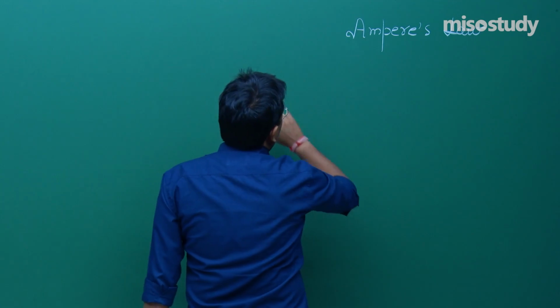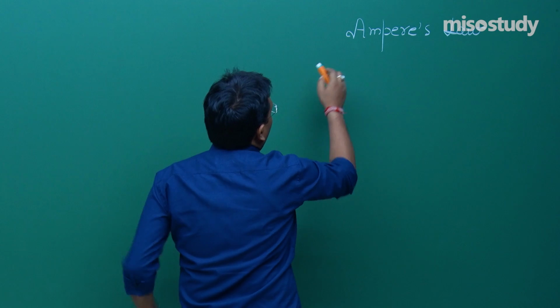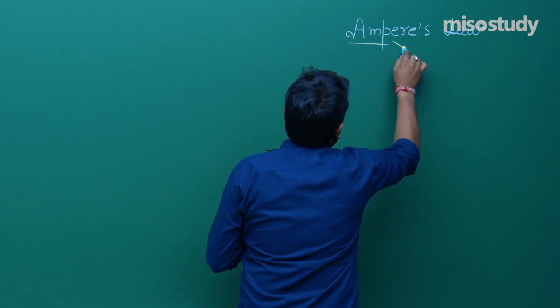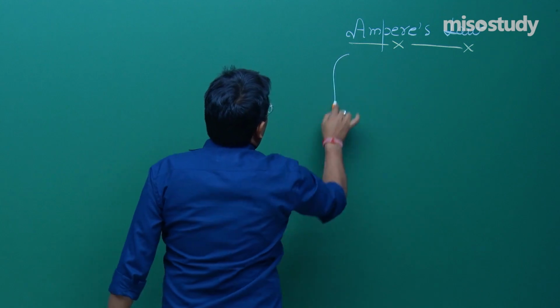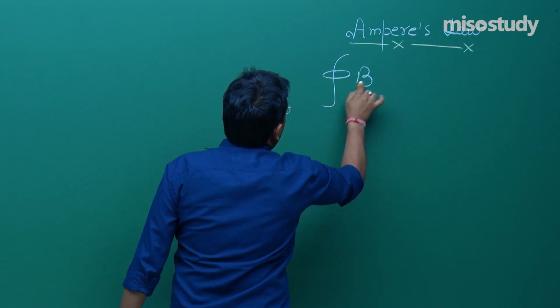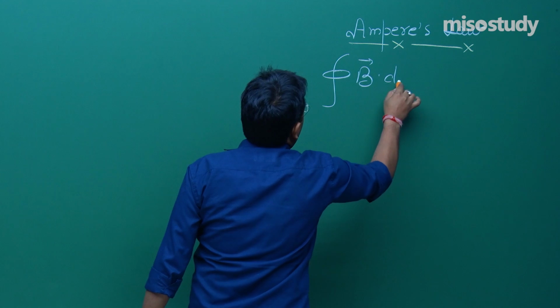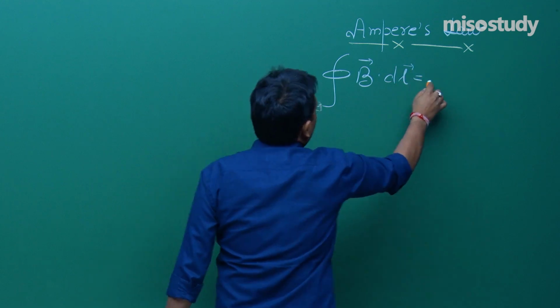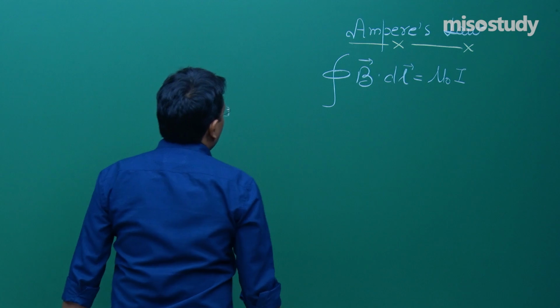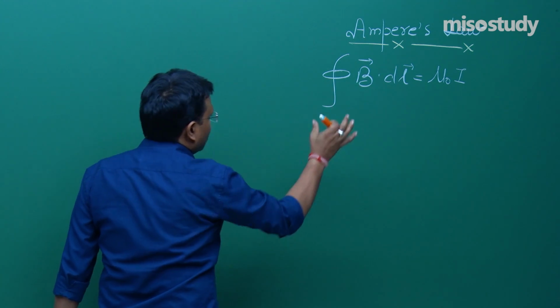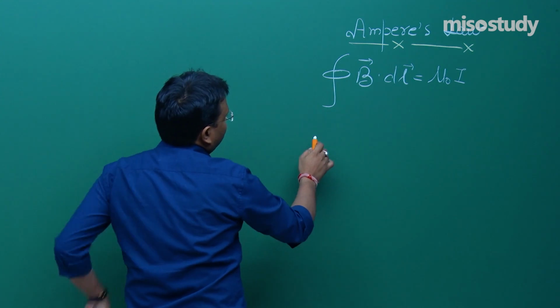Now, first I would like to mention the mathematical expression for this law, that is B dot dl is equal to mu naught I. Fine. So, on the basis of this I will write down a simple definition.